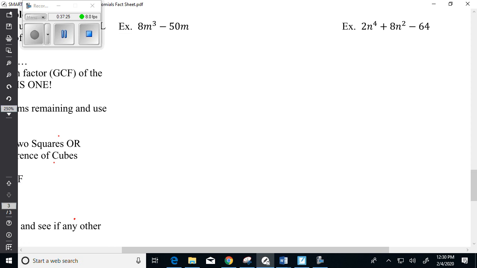So the first example, 8m to the third minus 50m. Again, first rule of all factoring is to look for GCF. In this case, 8 and 50 are both divisible by 2, and you can take out an m. So that leaves you 2m times the parentheses 4m squared minus 25.